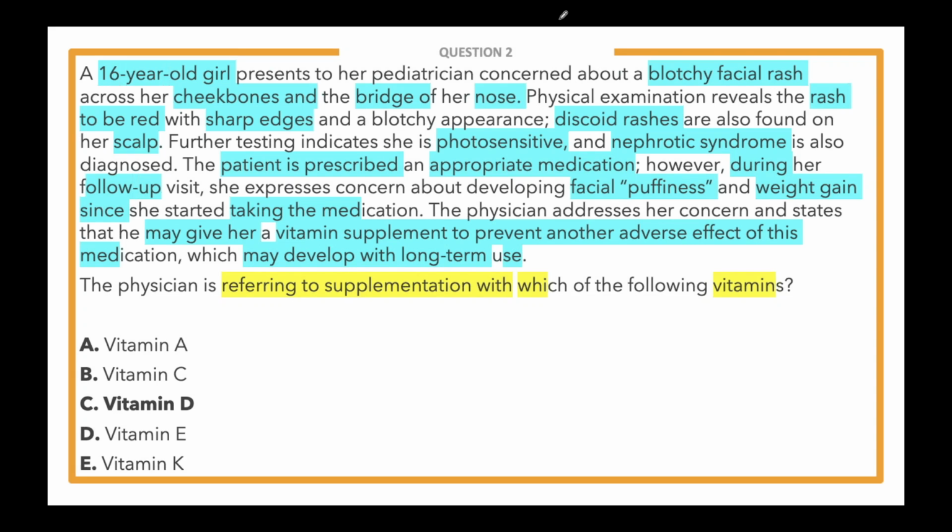Step number 2, prescribed an appropriate medication. Well, when you see that she then develops facial puffiness and weight gain, you should be thinking about steroids. So she may have been prescribed corticosteroids to help treat her lupus. And steroids are commonly used to help treat acute lupus, especially in the setting of nephrotic syndrome or nephritic syndrome of lupus. Okay.